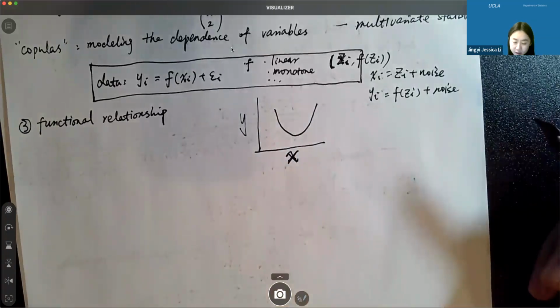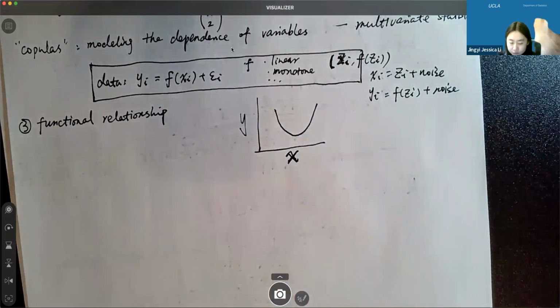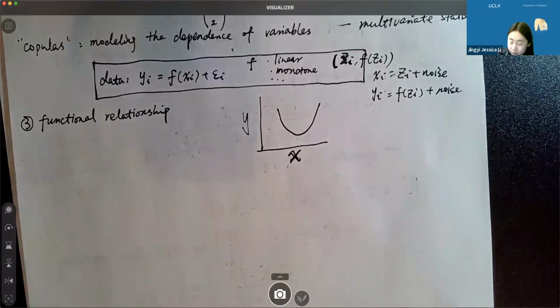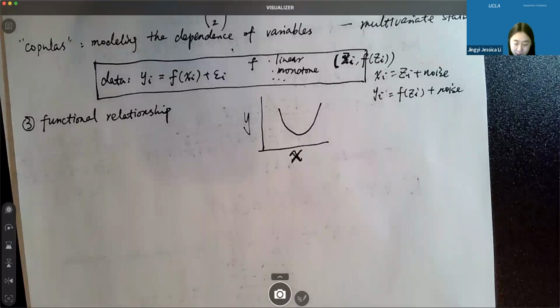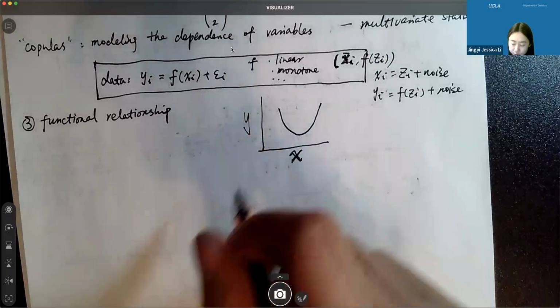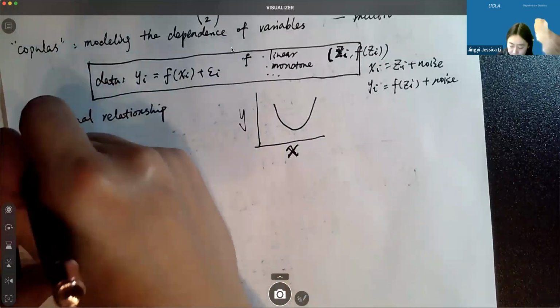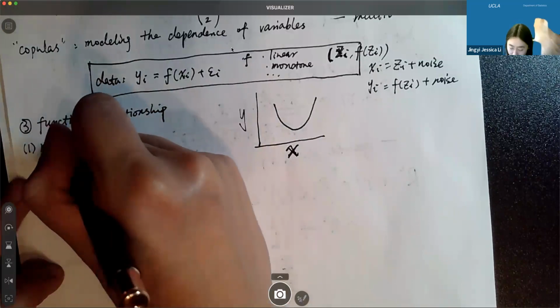We want the measure to reach a value of 1 when this is a perfect one-to-one function, so given an x, you have the corresponding y, with no noise. And also you want the measure to be equal to 0 if and only if the two variables are independent. Okay, so for this purpose, let's first introduce this correlation called maximal correlation.